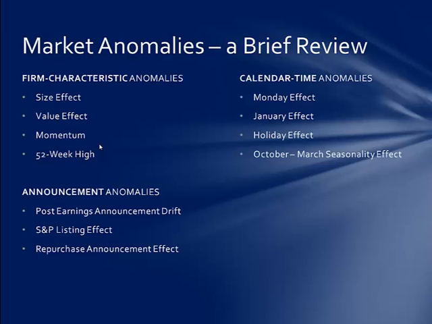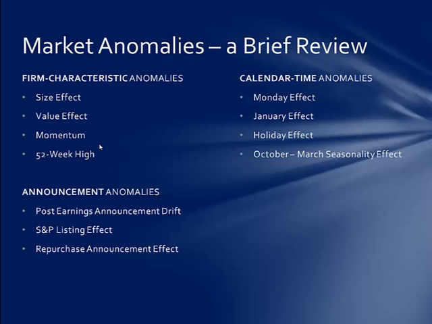There are also calendar time anomalies. One of the most famous calendar time anomalies is the Monday effect. And this is simply the finding that stocks have low returns on Monday relative to other days of the week. There is the January effect. The January effect is the surprising finding that small stocks generally enjoy abnormally high returns the first few trading days of the year.